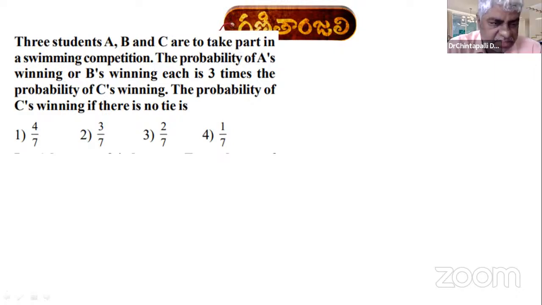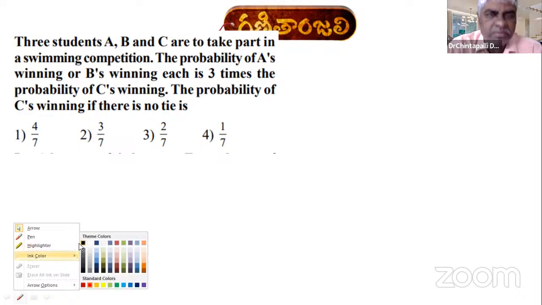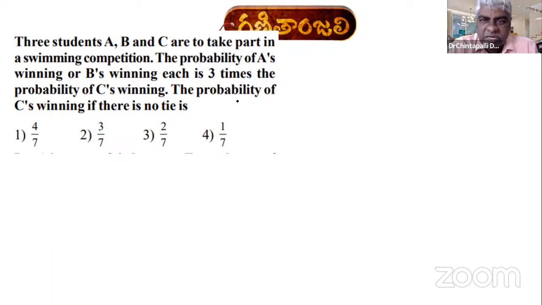So there are 3 events: A's winning, B's winning, C's winning. So the probability of A's winning plus the probability of B's winning plus the probability of C's winning is equal to 1.